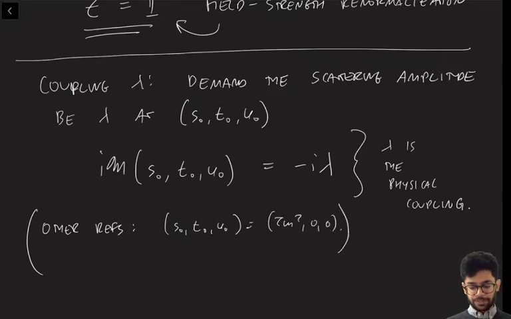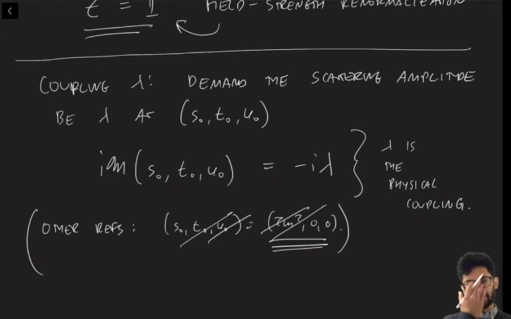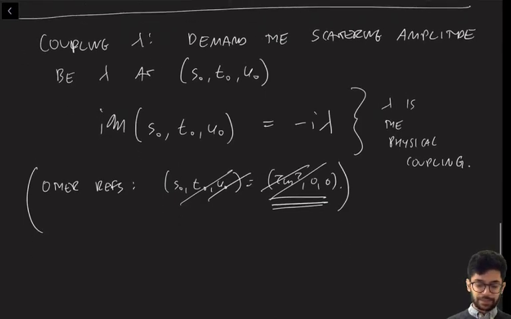We're not going to do that because I want to work in the limit where s0, t0, and u0 are much larger than m squared, because that makes the calculations a little bit simpler, and you can see what's going on. And if we do that, we cannot make this choice. So when you compare to other books, you might keep in mind that some of the books are actually going to make such a choice. I'm going to keep s0, t0, and u0 completely arbitrary, although we should imagine that they're always very, very large.